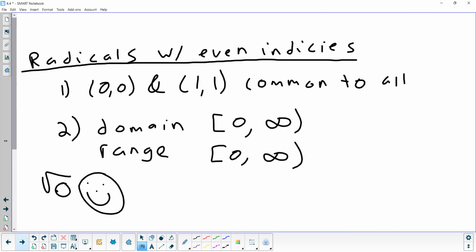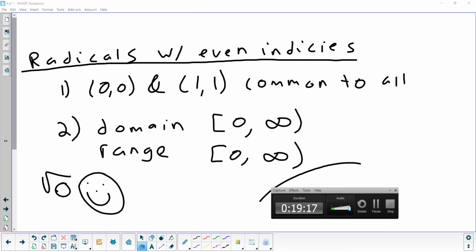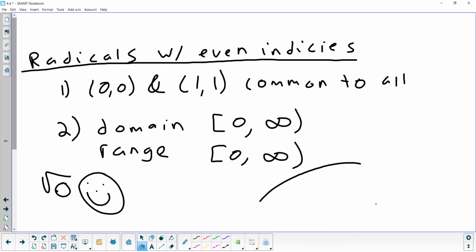Right, so any question on the general look of an even root function? Even root functions have what I'm going to refer to today on the test as a starting point. They start and they curve in one direction. Okay, that's the general look of an even root.